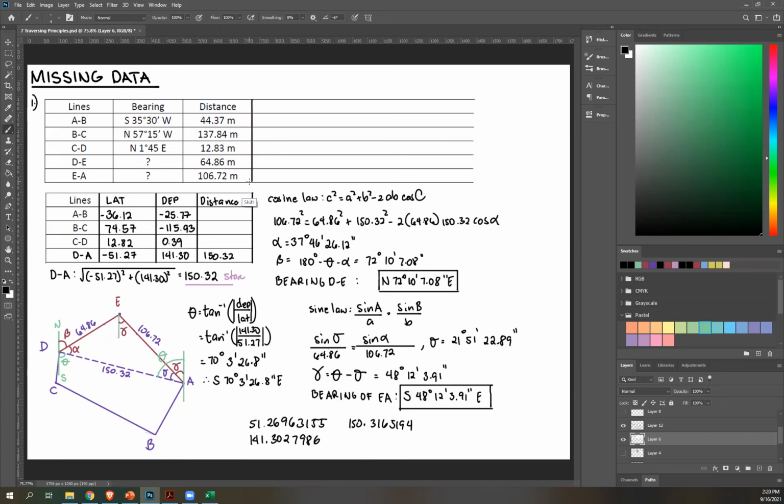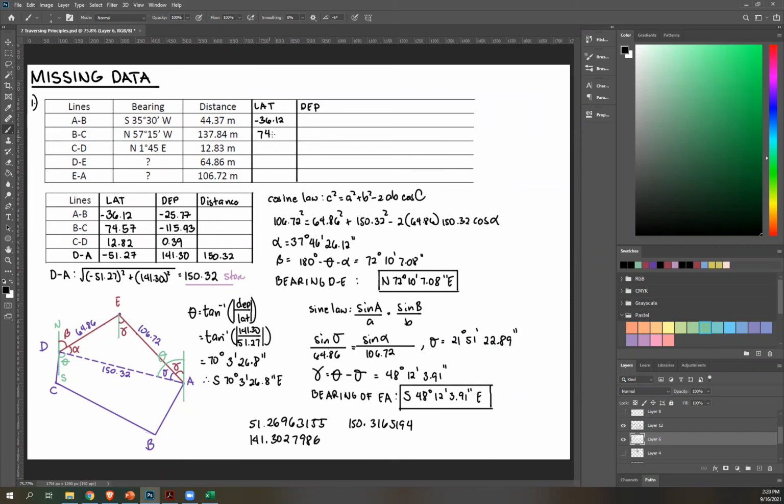Remember, for DMD method, I also need latitude and departure. So I can just copy from A to D since they're the same. So this is still negative 36.12. Remember, we're going to use stored values.